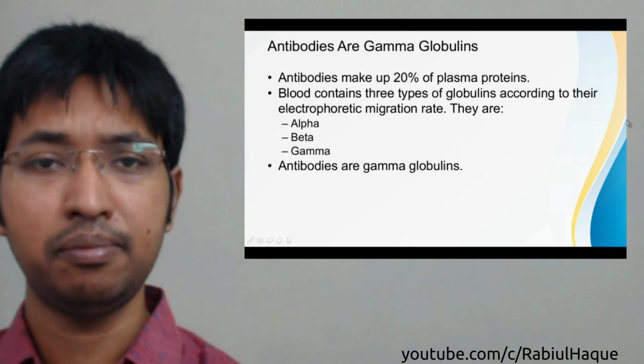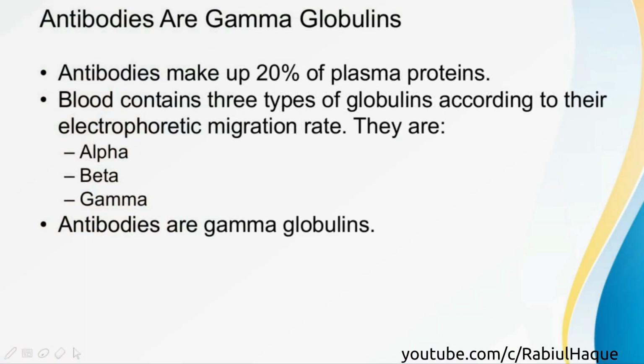Now always remember, antibodies make up 20% of plasma proteins. Blood contains three types of globulins according to their electrophoretic migration rate. They are alpha, beta, and gamma, and always remember antibodies are gamma globulins.